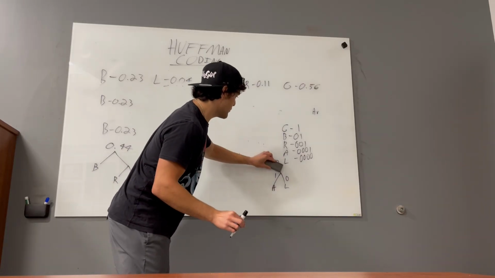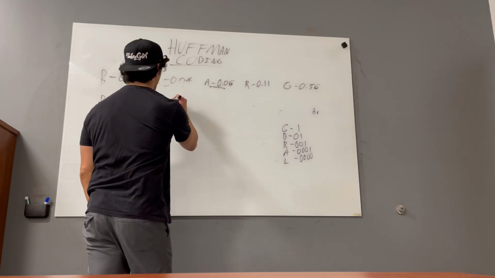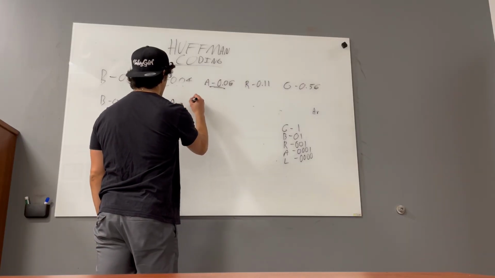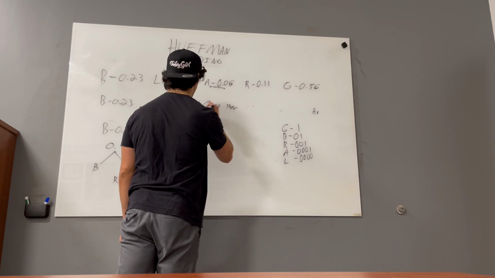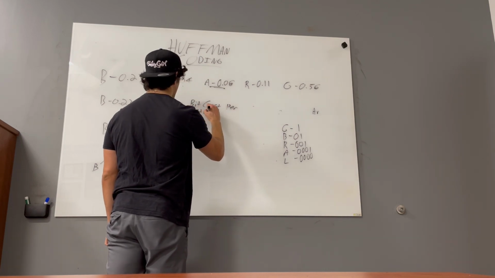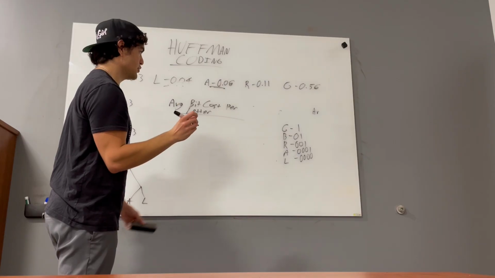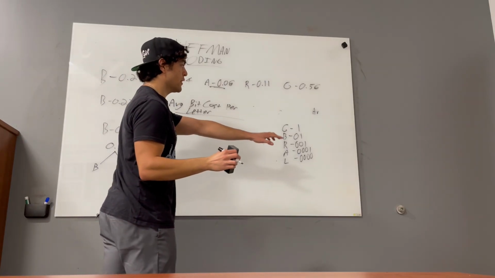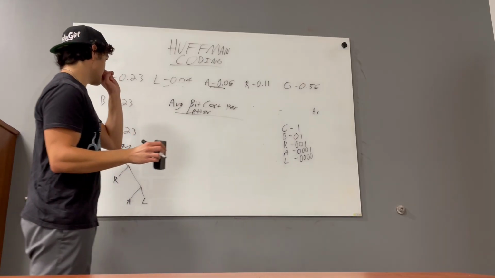Okay, so the average bit cost per letter. What we want to do is multiply not the bit values, but the number of bits in each letter by its frequency.